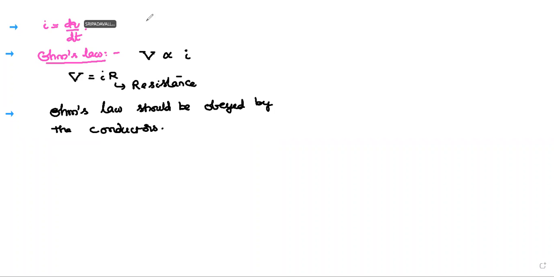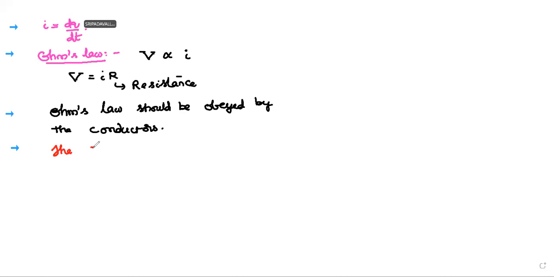But the problem here is that all the conductors are not obeying Ohm's law perfectly. A few are obeying Ohm's law, a few others are not. That's why, based on who is accepting and who is not accepting Ohm's law, we have to segregate the conductors again into two types. Only conductors, keep in mind.